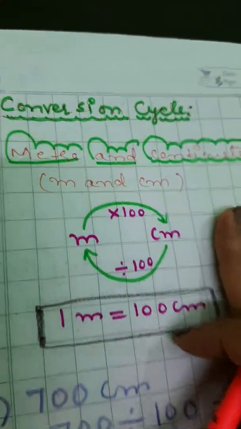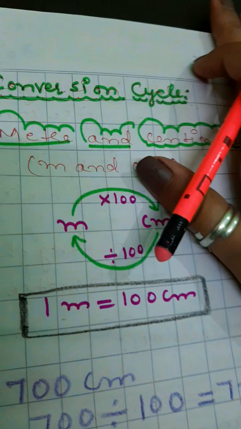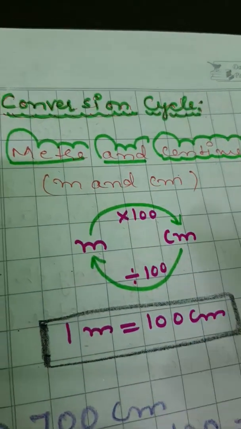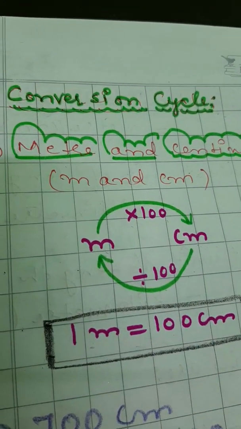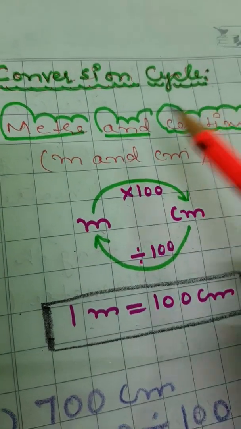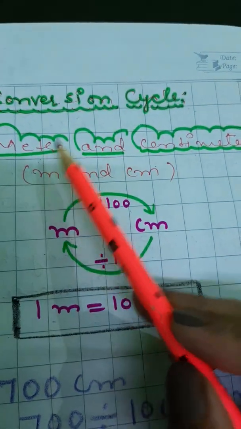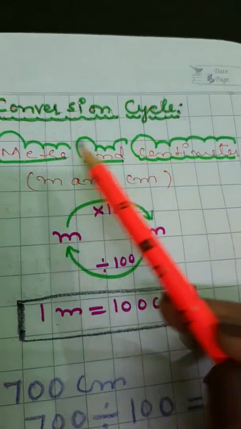Conversion cycles. We can understand this concept by another method also, the conversion cycle. There are 2 cases: when you convert meter into centimeter or centimeter into meter, that is, bigger unit to smaller or smaller to bigger.